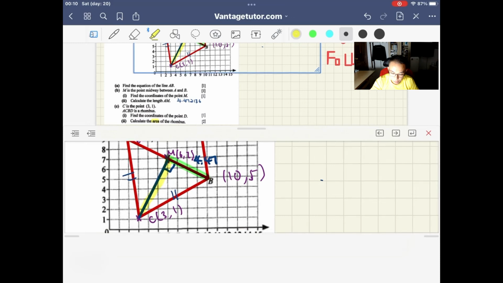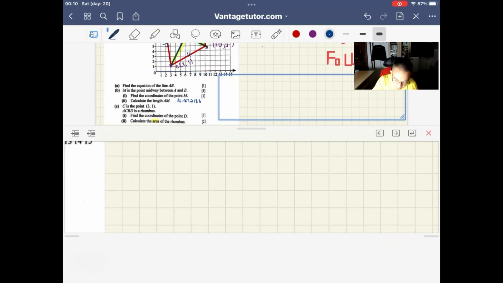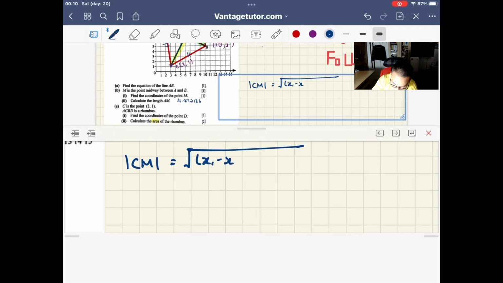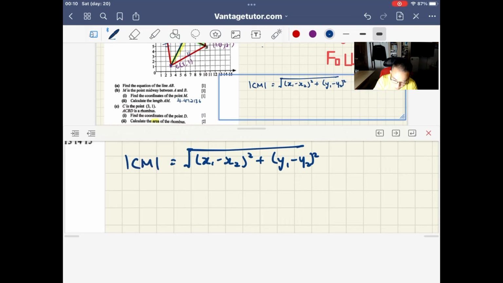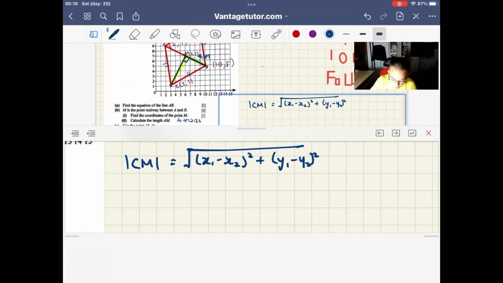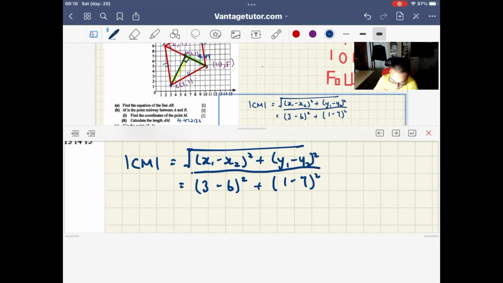So let's try to find CM right now. CM equals the square root of, again applying your formula, (x1 minus x2) squared plus (y1 minus y2) squared, where now I'm taking the coordinates of C and M. Referring to the diagram, you can see that it's the square root of (3 minus 6) squared plus (1 minus 7) squared.